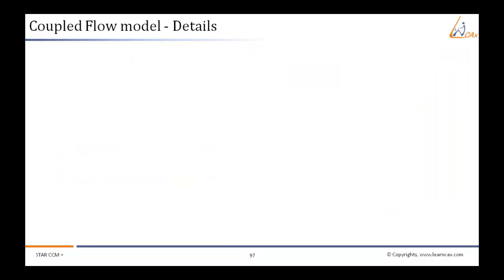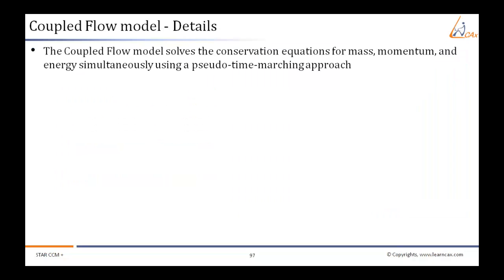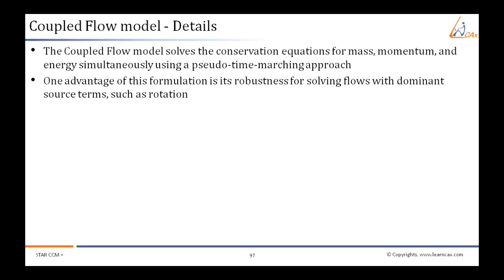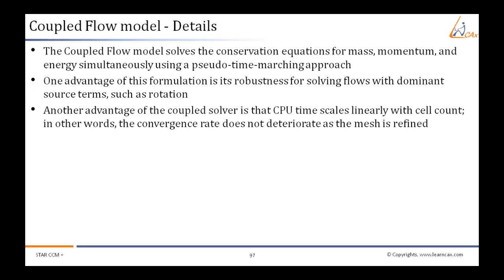The coupled flow model solves the conservation equations for mass and momentum simultaneously using a time or pseudo-time marching approach. The preconditioned form of the governing equations that the coupled flow model uses makes it suitable for solving incompressible and isothermal flows as well as compressible flows.